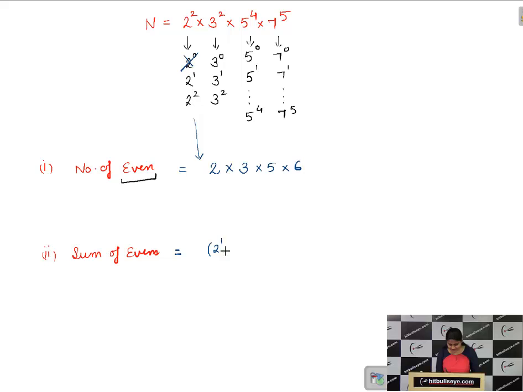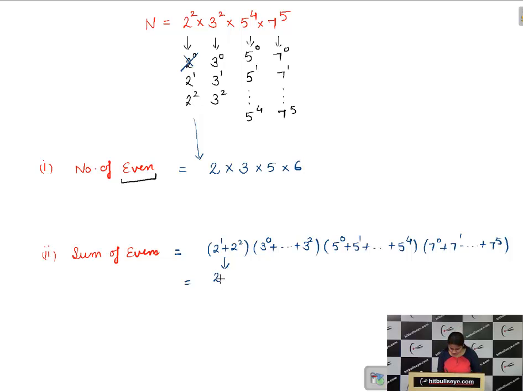So it will be (2 raised to power 1 plus 2 square) into (3 raised to power 0 so on up to 3 square) into (5 raised to power 0 so on up to 5 raised to power 4) into (7 raised to power 0, so on up to 7 raised to power 5). Again we will apply GP's formula. Now every expression we will get by applying this GP will be same except for 2.